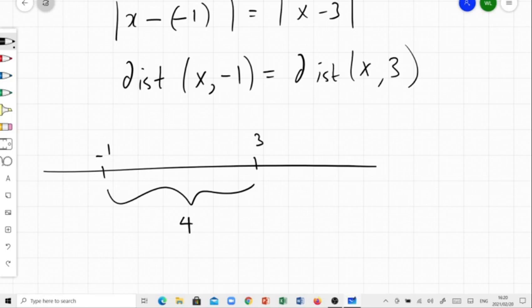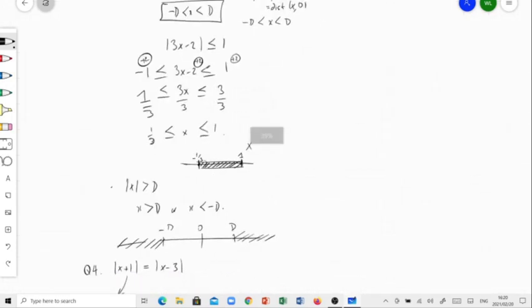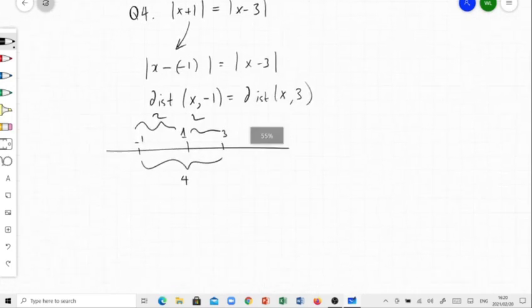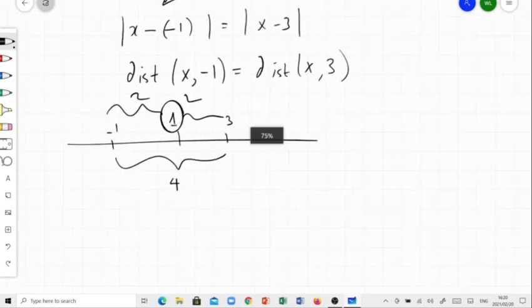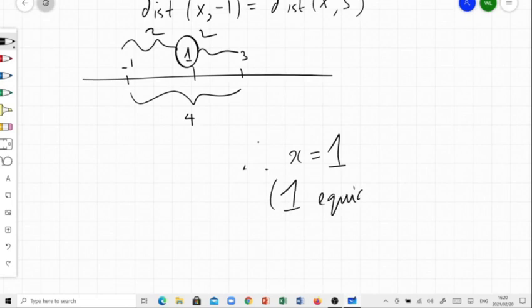Halfway means distance 2, so 3 minus 2 gives me 1. Notice that here I get a distance of 2 and 2. So this will force my x to be precisely 1. Therefore the solution here is x must be 1, because 1 is equidistant from minus 1 and 3.